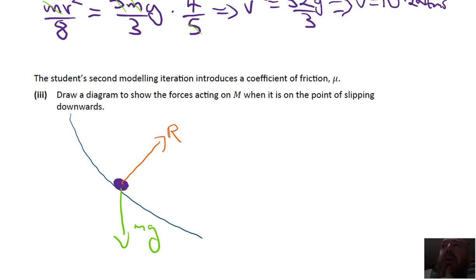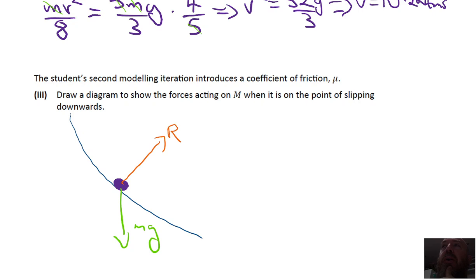I suppose if anything, it's on the point of slipping downward. So it's trying to slip down. So our friction force is there. So the friction is tangential to the circle, or is perpendicular, or normal, if you want to use a fancy maths word, to the circle it's on, but everything else is the same.